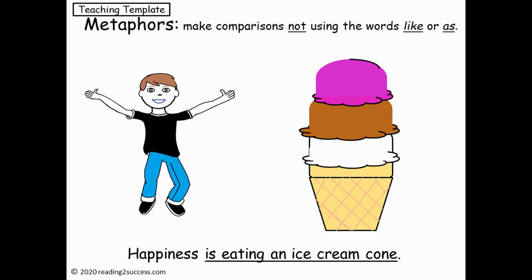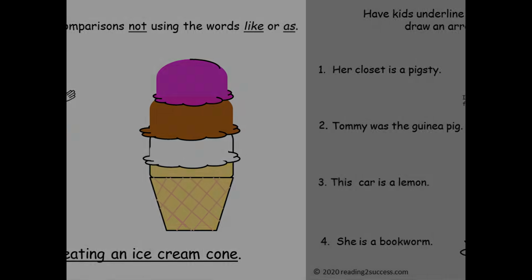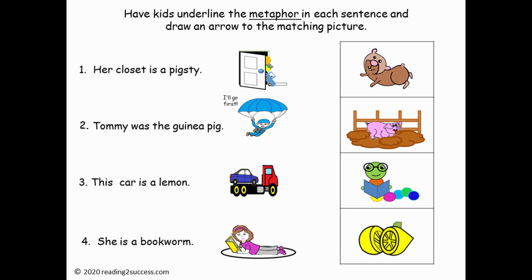In this example, a comparison is made between happiness and eating an ice cream cone. Now have kids underline the metaphor in each sentence and draw an arrow to the matching picture.